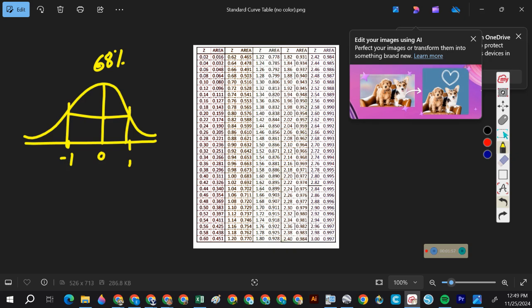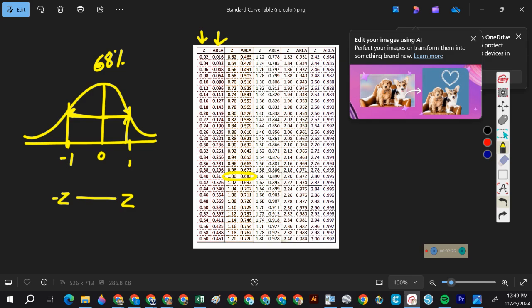So looking at our table, we have a column of z's, and then we have the area. That area is how much of the population is between z and -z. So how much is in there? If we look at 1, if we go right 1 and left 1, then that captures 68.3.